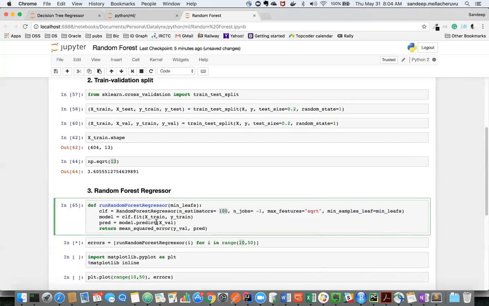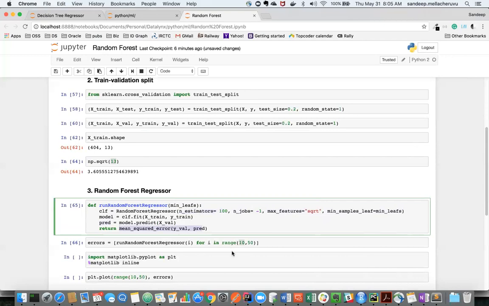For all those trees, it will try to predict for the validation data set. For each of the 100 trees, it's going to get some predictions, and it's going to average all of those predictions. This final prediction is nothing but the average of all the 100 trees. For that final prediction, it is going to get me the mean squared error.